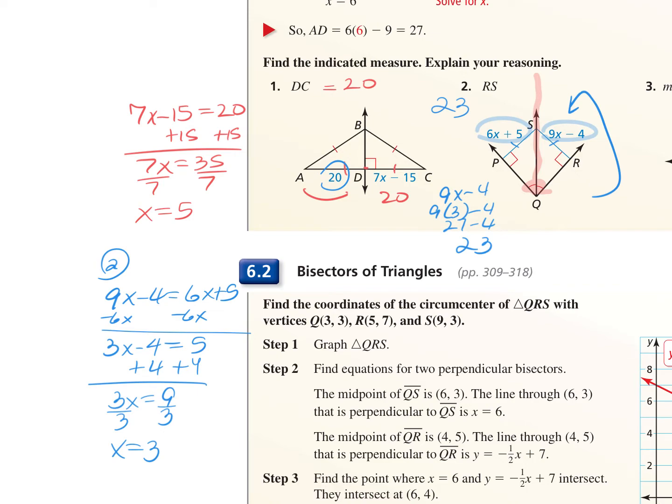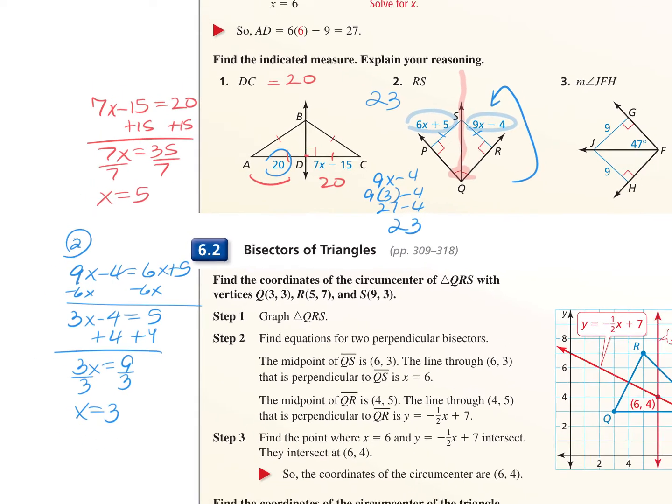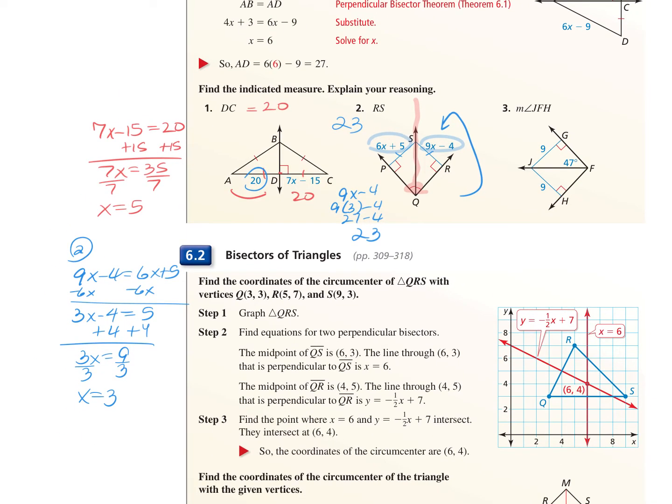Now, to find the measure of GFH, here I can see that I have equidistant segments to the sides of the triangle, or the sides of the angle. So I can tell that this angle here, GFH, this one right here, has been bisected.